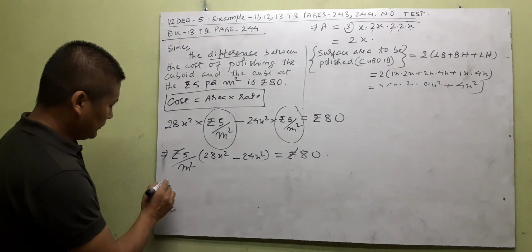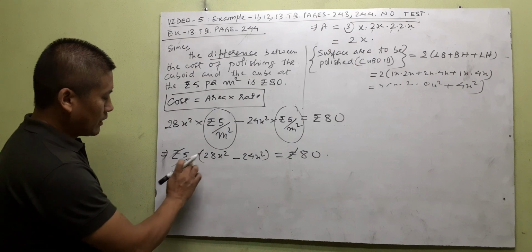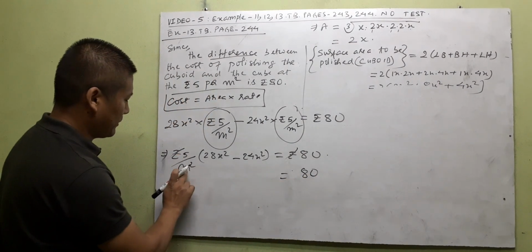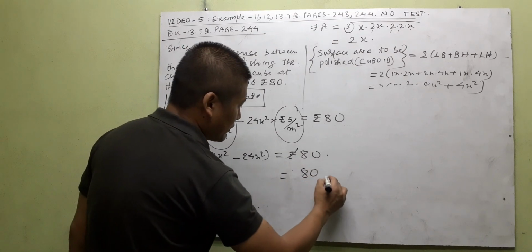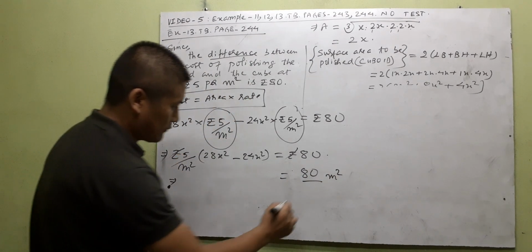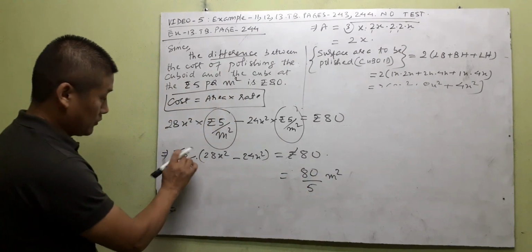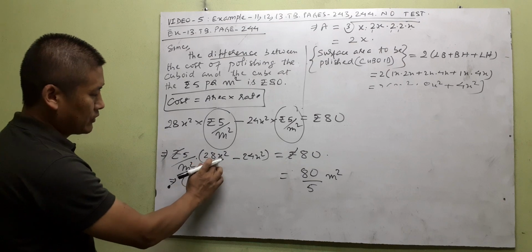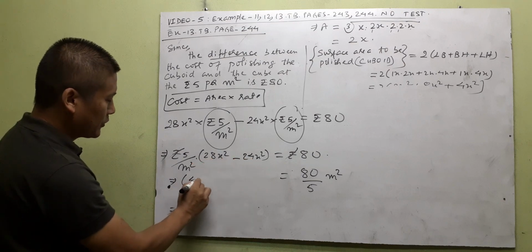So next, that implies, now you shift this one. 80 is there, then if you shift 5 per meter square, 5 will come down because it is multiplied, and meter square will go up. Now you are left with 28 minus 24, which is 4.